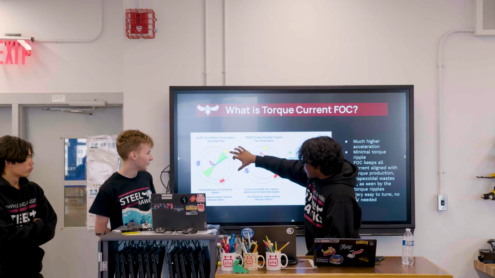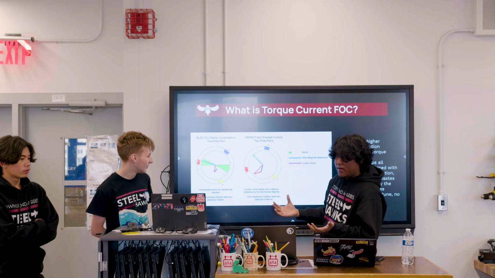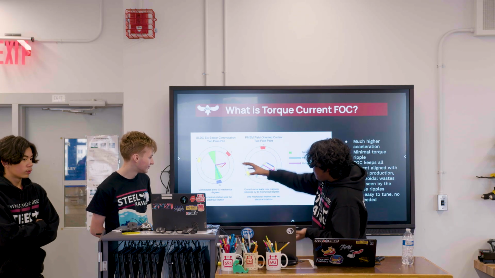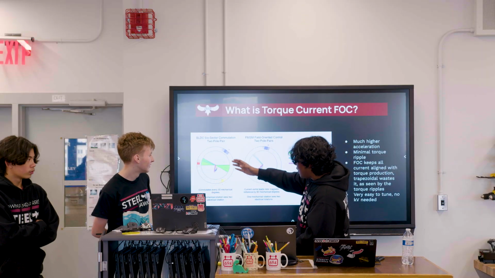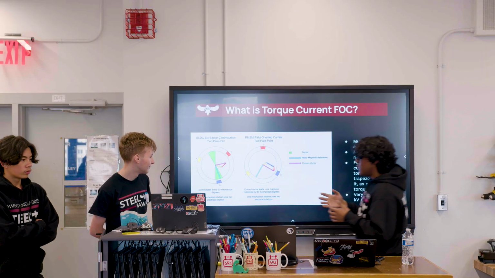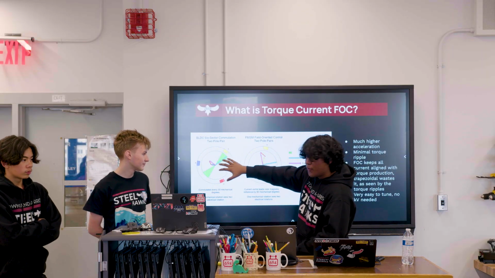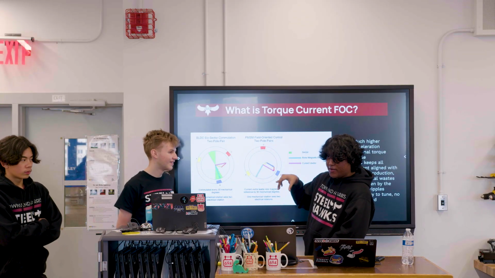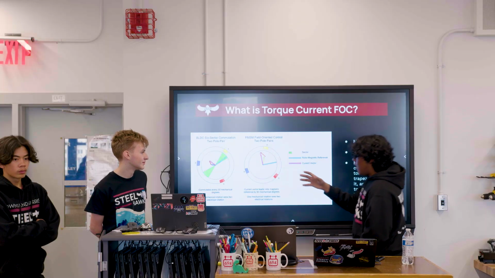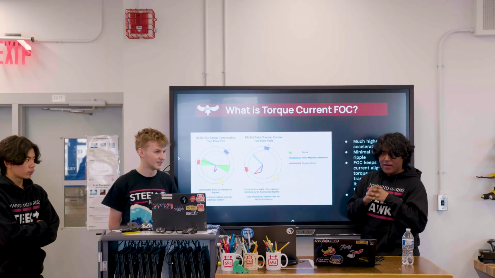Let's look at these. A, B, and C are electromagnets, and you're basically slicing the pie here, where every time you cross one of these electromagnets, you're losing torque for a moment. If you look at the net force here, you can see it goes up and then jumps straight back down because you're passing an electromagnet. But here, all of your electromagnets are firing on all cylinders.